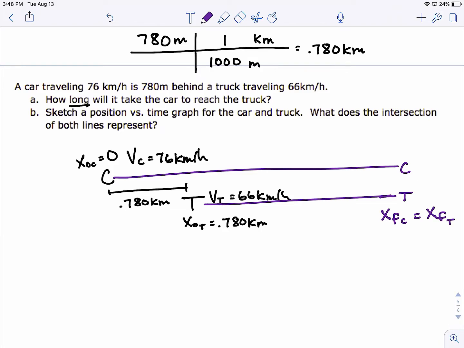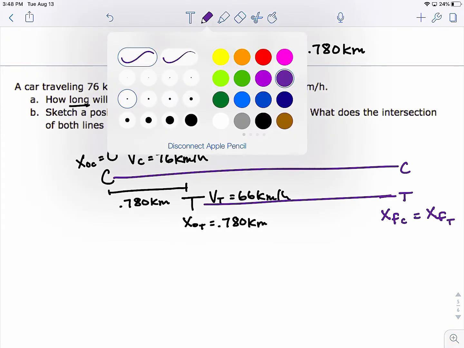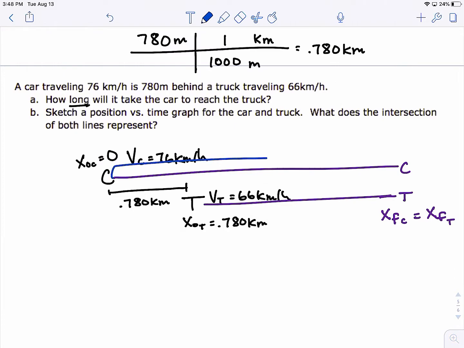How long will it take the car to reach the truck? Well, if time starts at 0, that means that the time for the car to get from its initial position of 0 to that final position is equal to the time for the truck to get from its initial position, which is the 0.780 kilometer mark, to its final position. So this is also the same.